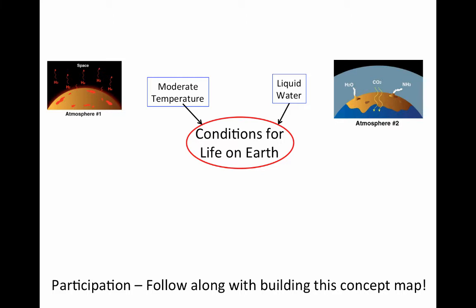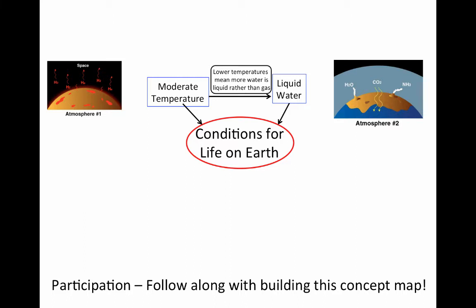They cannot occur without the presence of water. So obviously, one of the critical factors in producing liquid water is moderate temperatures. Water boils at 100 degrees Celsius, and so we need temperatures lower than 100 degrees Celsius to have liquid water.